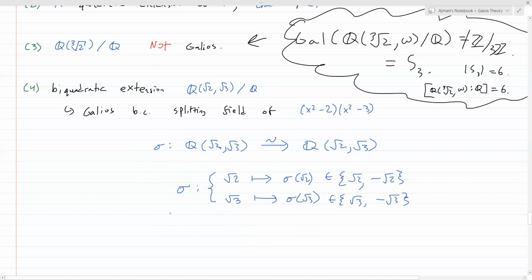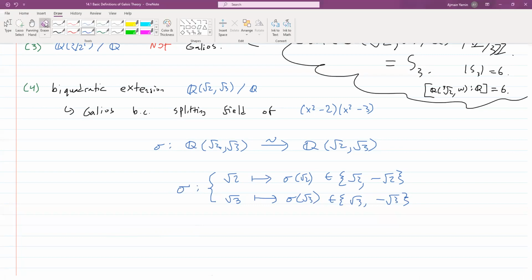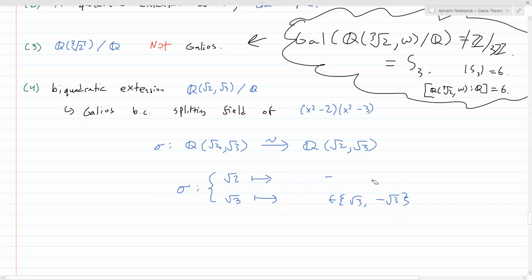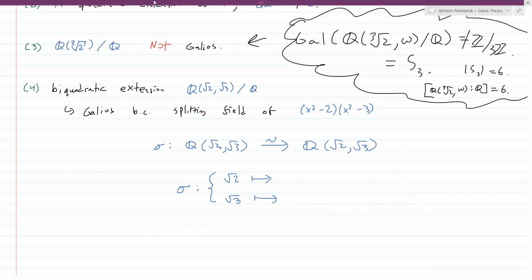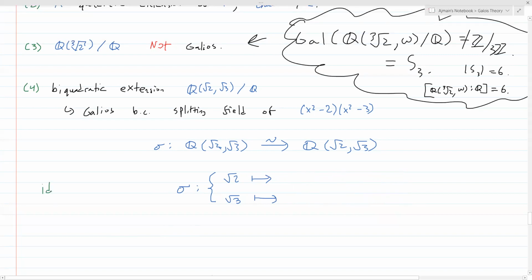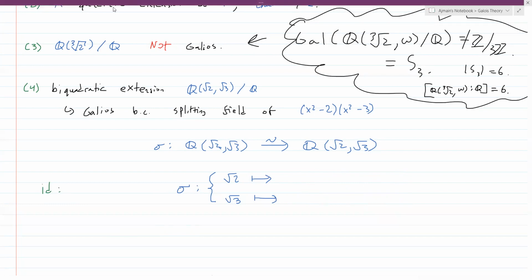And now we know the structure of the Galois group. Obviously we have the identity. That's always an automorphism.